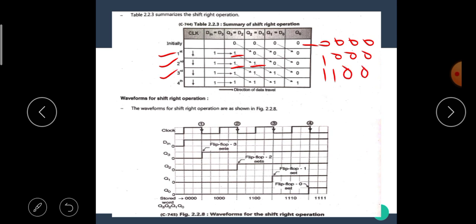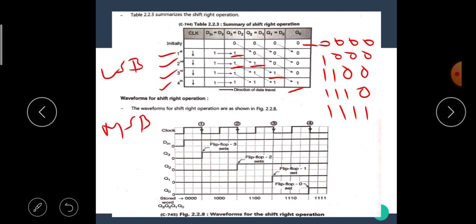At the third clock pulse, flip flop 1 sets and the data becomes 1 1 1 0, and at the fourth clock pulse, flip flop 0 sets, hence the data becomes 1 1 1 1. Here the difference is that LSB is applied first, while in left shift operation the MSB is applied first.